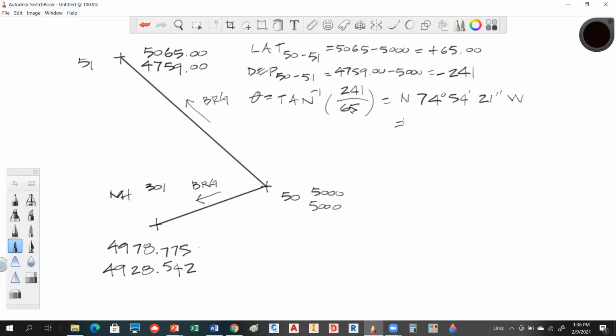Which would equal what azimuth? 360 minus that, right? So what's that give us?